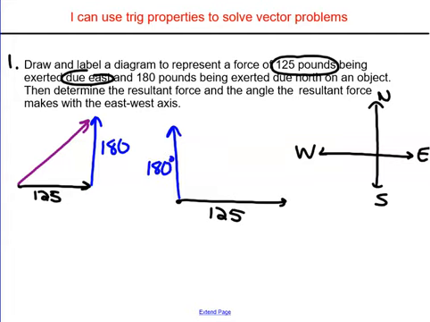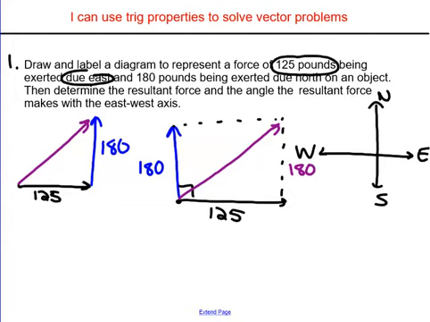It doesn't matter where I start, as long as it's the same length and same direction. So I'm just putting the ends of those together. North and east is a right triangle. I'm going to make a parallelogram out of this, and then from the point where the two are connected, I'm just going to draw in the diagonal, okay? So now I have a right triangle, so I'm going to put that 180 over there anyway.